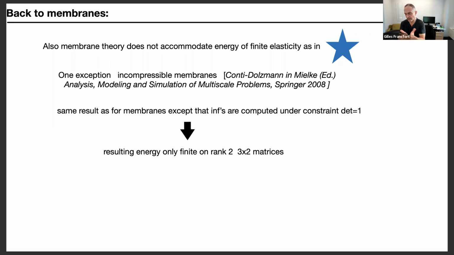This is very simple to understand, because in the process of computing the membrane energy, you have to do an infimization over the third column. If you have a target field whose gradient is only rank 1, there's no way that you can find a third column so that the matrix would be rank 3. So you get an infinite energy.